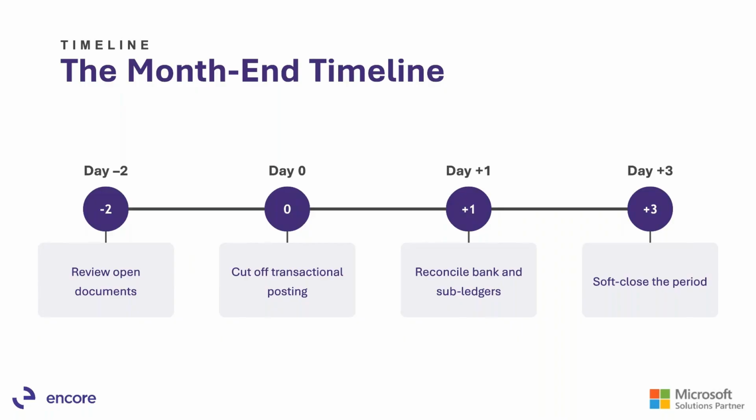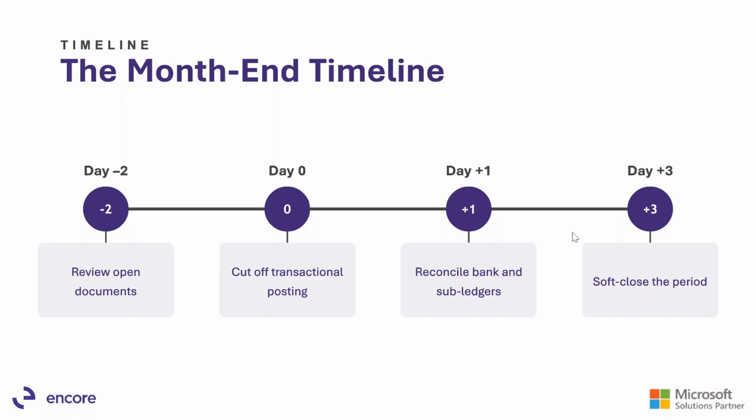But it has to be a disciplined timeline so that 2 days before the month end, you post all the unposted transactions, make sure that all the workflows and approvals have been dealt with, and clear any backlogs.